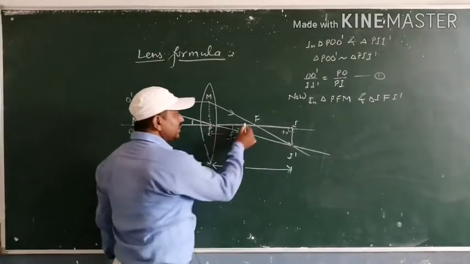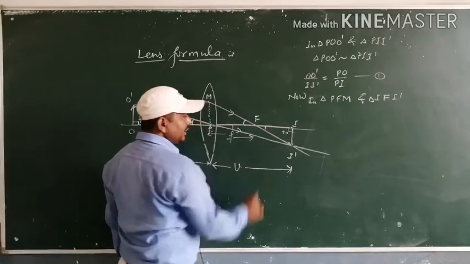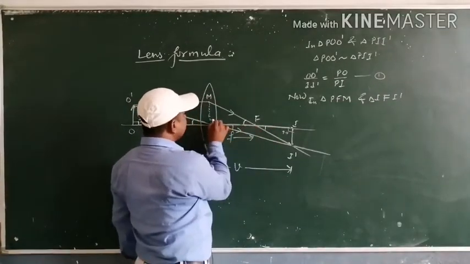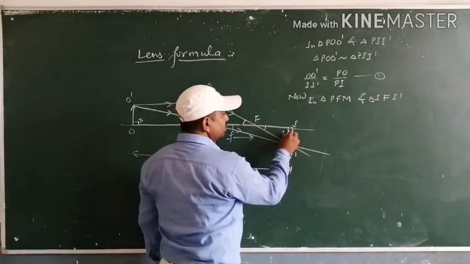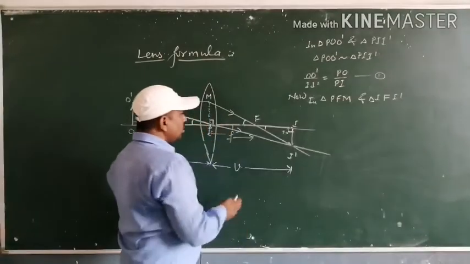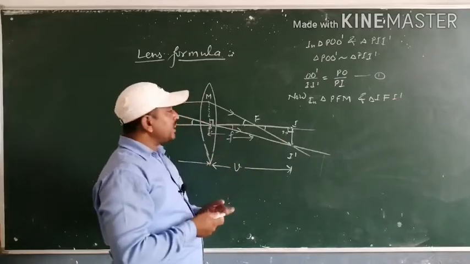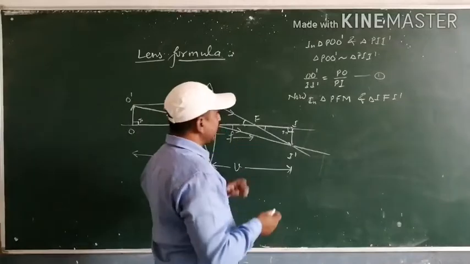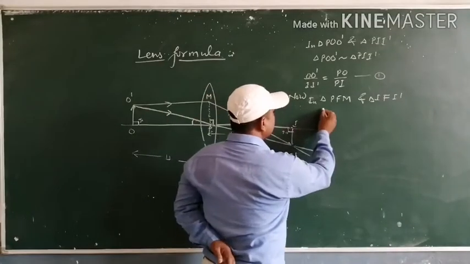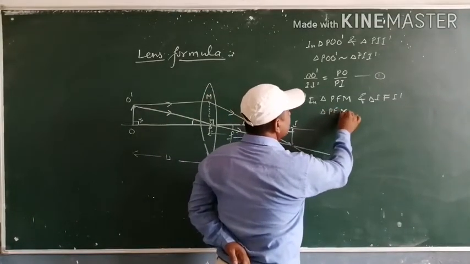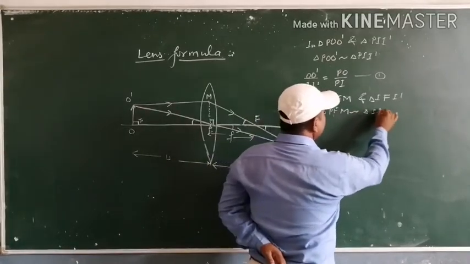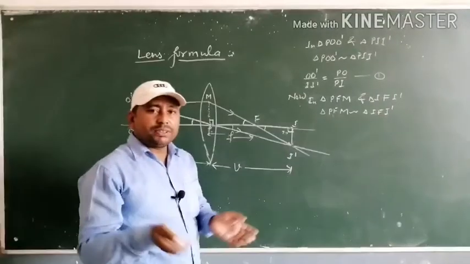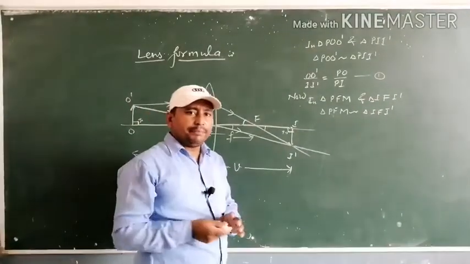We again see that this angle is equal to this angle, since they are vertically opposite to each other, and this one is a right angle which is equivalent to this. So two corresponding angles of these two triangles are equal. By angle similarity, these two triangles are also similar. So triangle PFM is similar to triangle IFI dash, and the ratio of their corresponding sides will be the same.